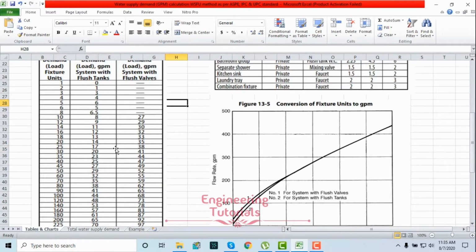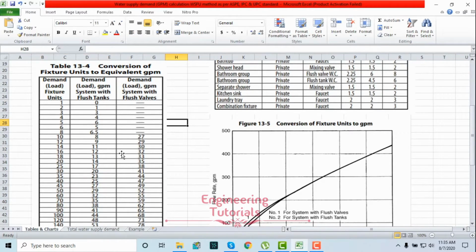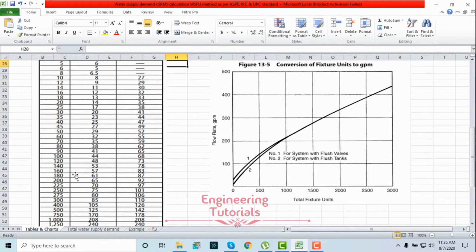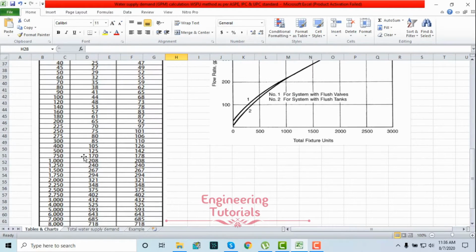Whatever valve you are using, you have to follow that column. For 720 fixture units, we don't have 720, we have 500 and 750. So if you go for the second column, this is flush valve. So I'm going to write an approximate value in here, let's say 174, between them.